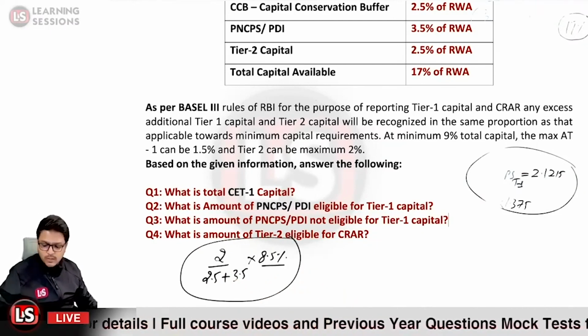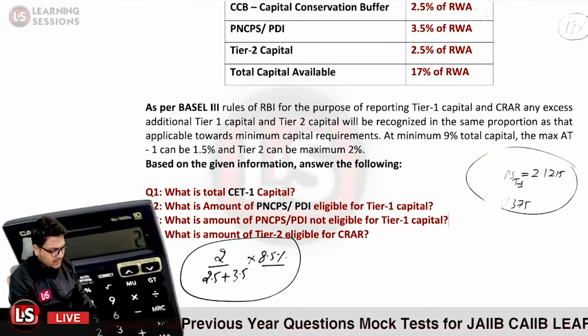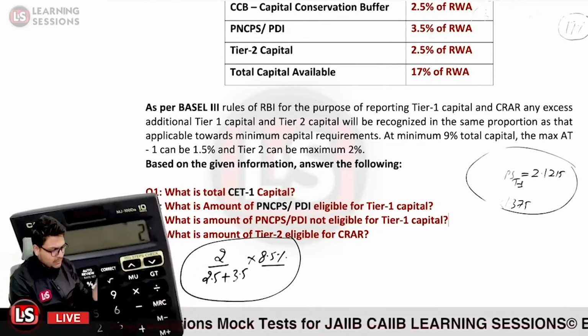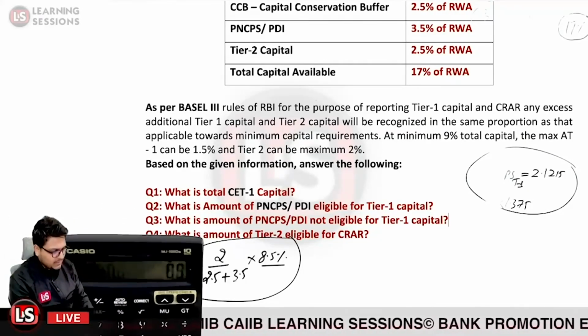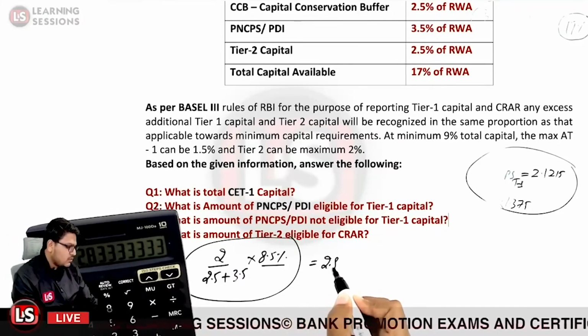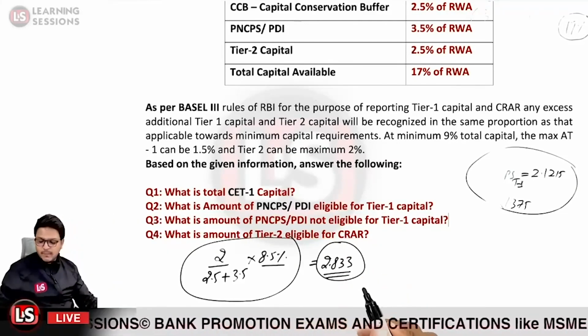That is what we need to calculate over here, and we can find out the answer. So it will be 2 divided by 2.5 plus 3.5, that is equal to 6, multiplied by 8.5, which amounts to 2.833. Now let me tell you one thing.